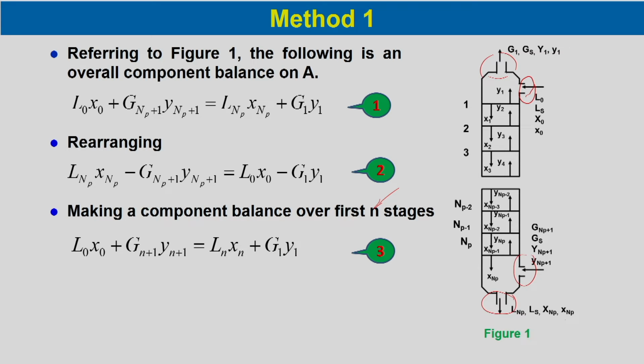So, this is equation 3, and if we rearrange in a similar way as before, we will have L naught x naught minus G1 Y1 equal to L n x n minus G n plus 1 into Y n plus 1.